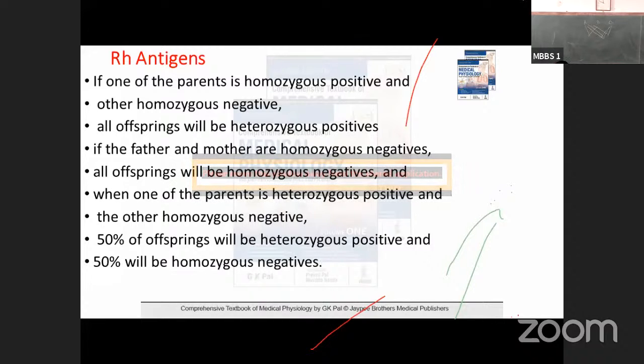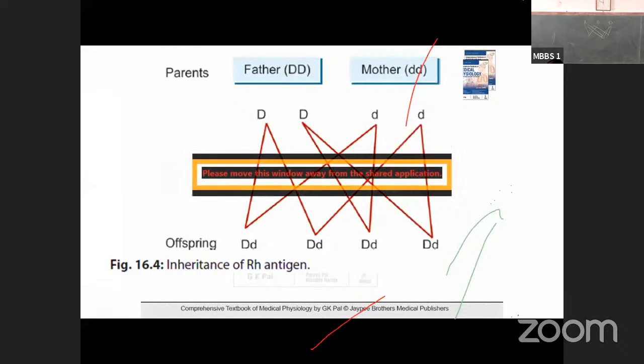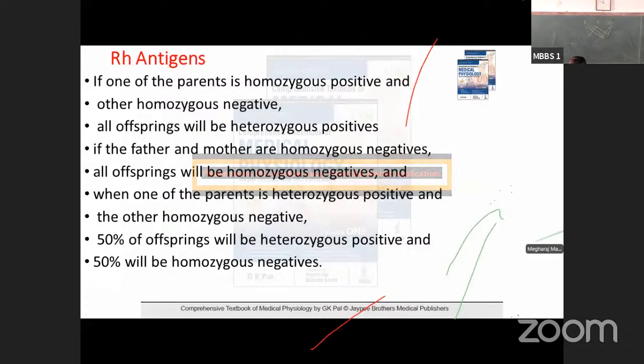If one parent is homozygous, so what is homozygous? See, if there is Rh capital D, homozygous, or both small d, these are called homozygous. If one parent is homozygous positive and the other is homozygous negative, offspring will be heterozygous positive.